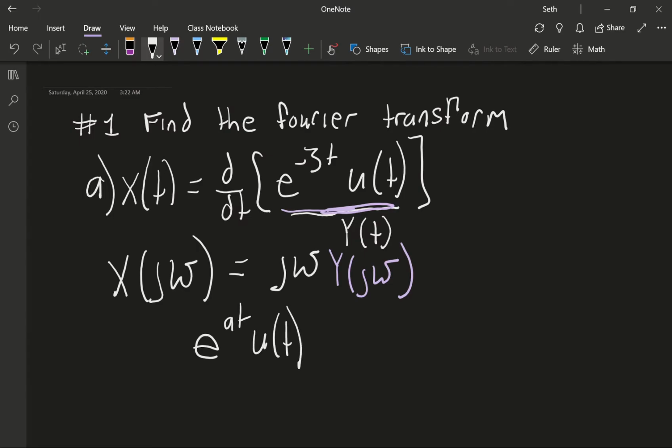The Fourier transform, which we usually write like something like that, is just going to be 1 over j omega minus a.